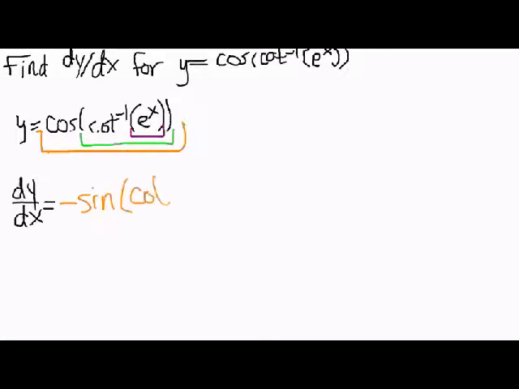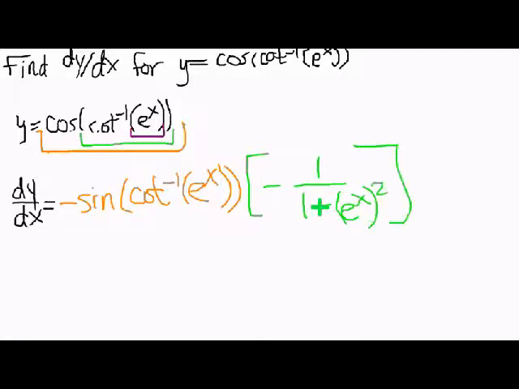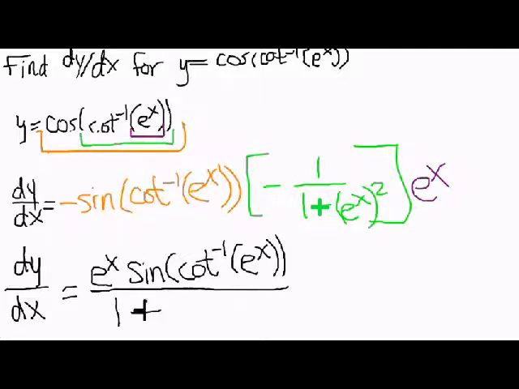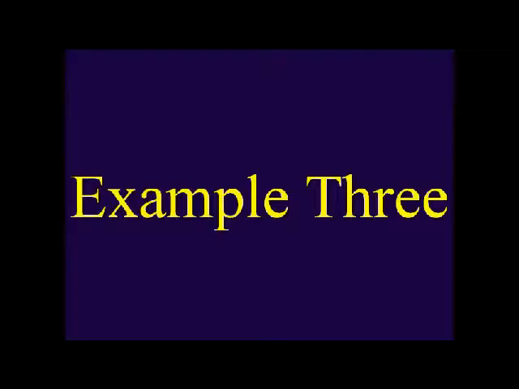Then we take the derivative of the inside, which is the derivative of the arc cotangent of e to the x, and then we multiply by the derivative of the inside again, which is e to the x, which results in just e to the x. We multiply all those together, and we get dy dx equals e to the x sine of the arc cotangent of e to the x all over 1 plus e to the 2x.